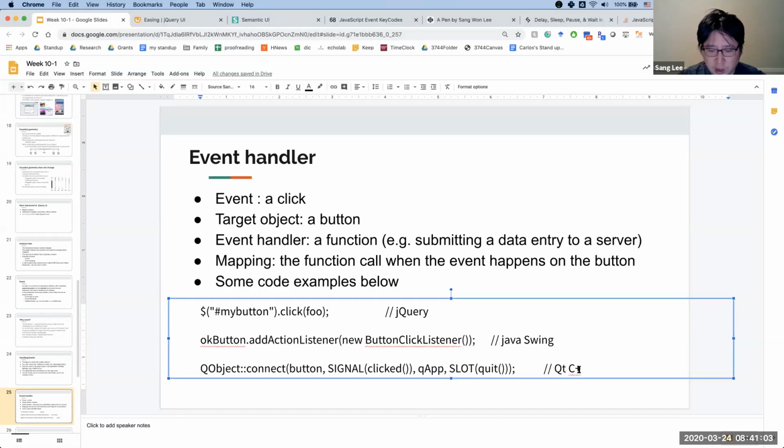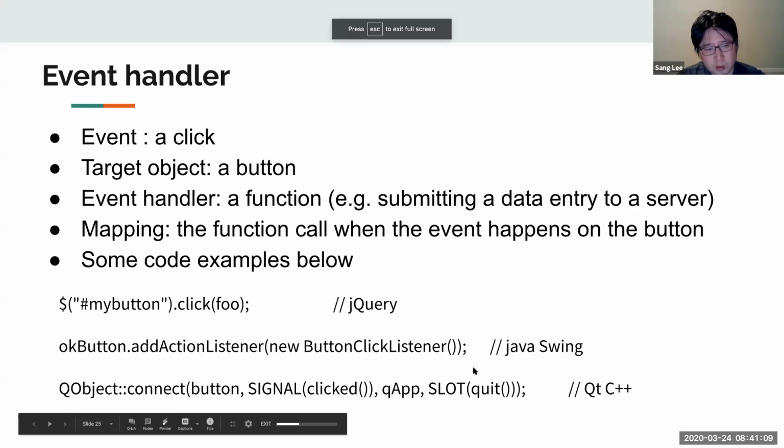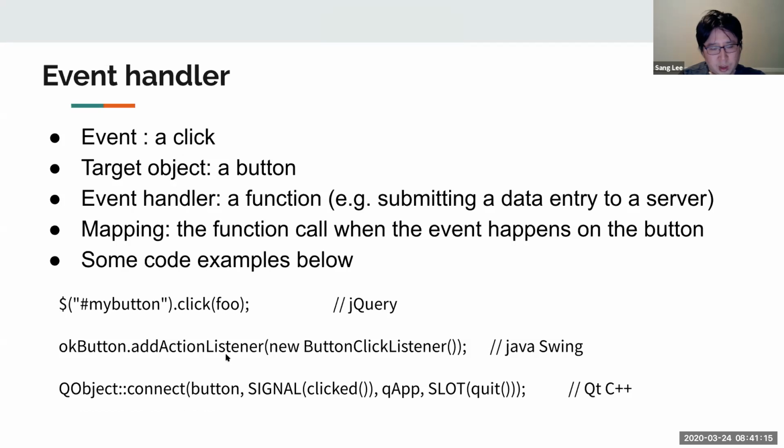But basically, even though you may not know the syntax of each language, you can guess that, okay, this is a button, which is the target object, and then it's adding an action listener. Action probably is a click, and this is the name of the event handler function, or in this case, event handler object, because Java is an object-oriented programming language.